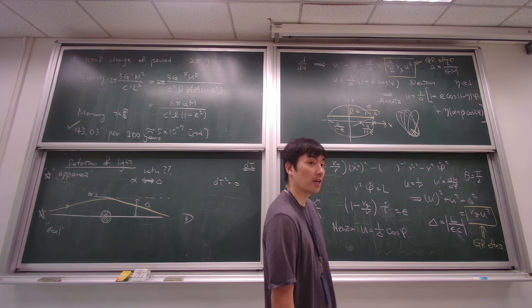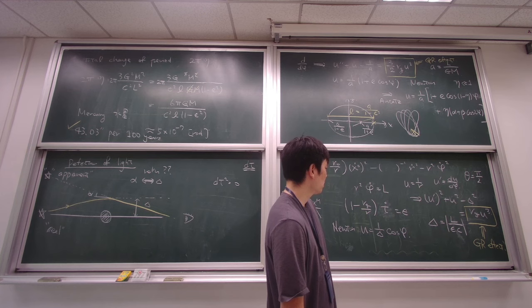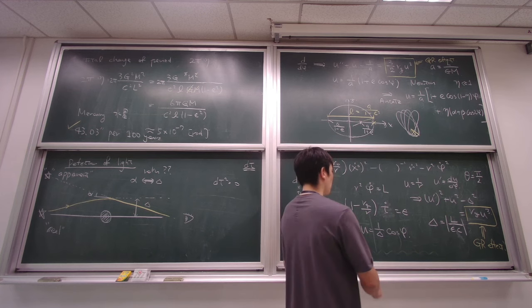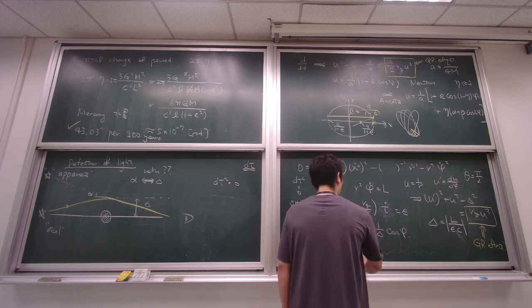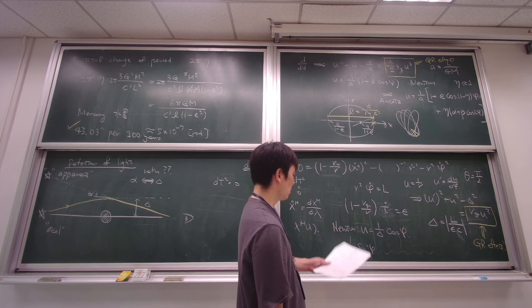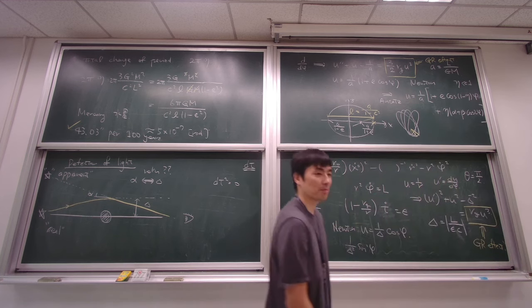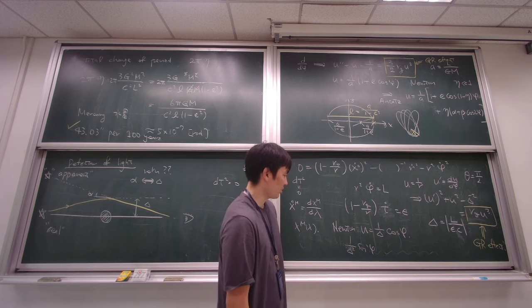Can you see that? If you plug this one in, you will get 1 over delta square sine square phi, and the minus sign is missing. So now it's okay, right?